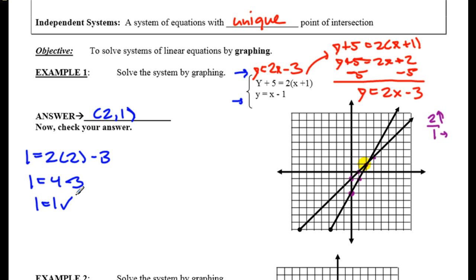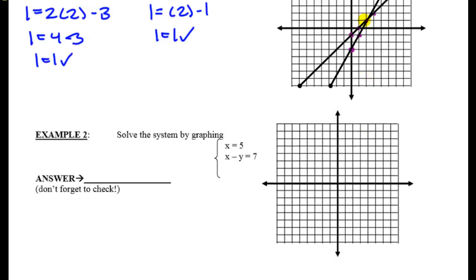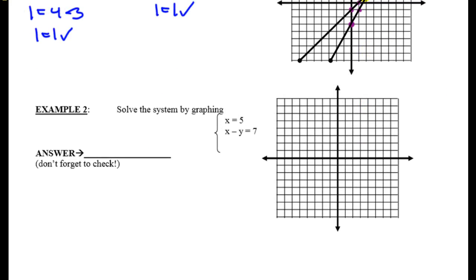That checks out, but it's got to check on both. So now we're going to do the second equation in the system. Plug in the y, which is 1, x is 2, minus 1, 1 equals 2 minus 1 is 1. So it does check out. That point satisfies both equations at the same time, just like it does on the graph. Okay?